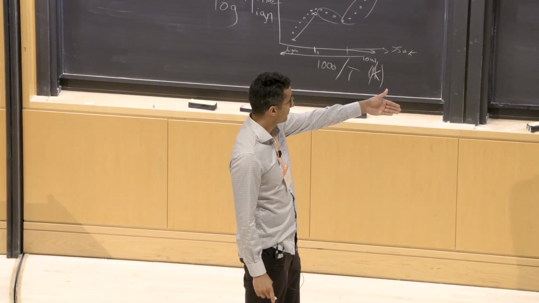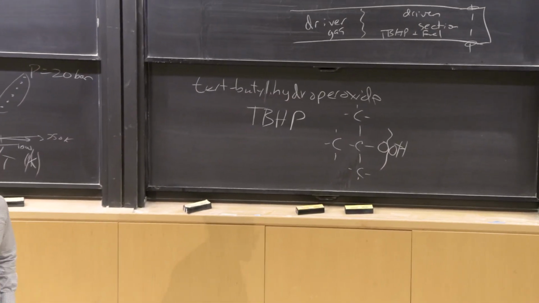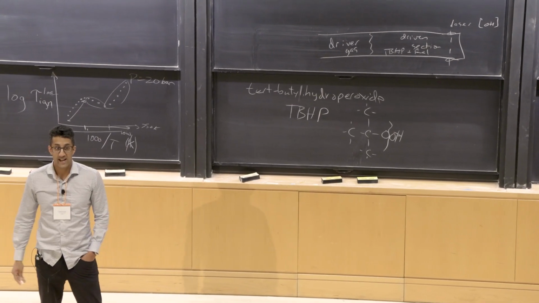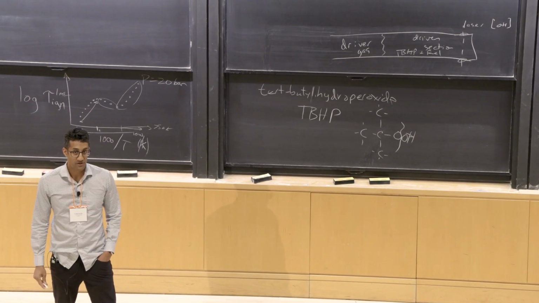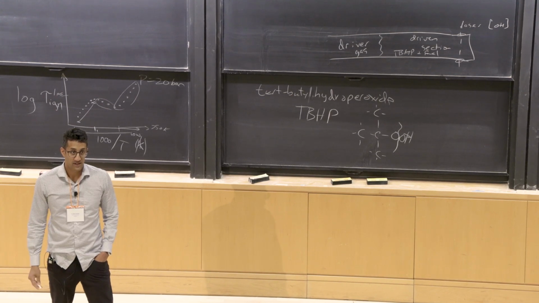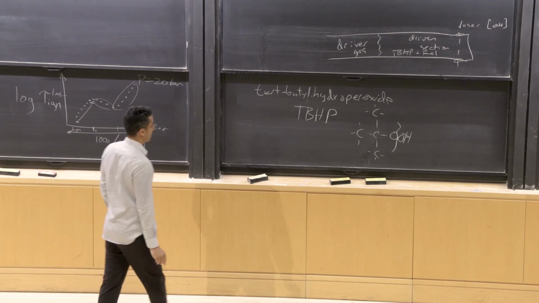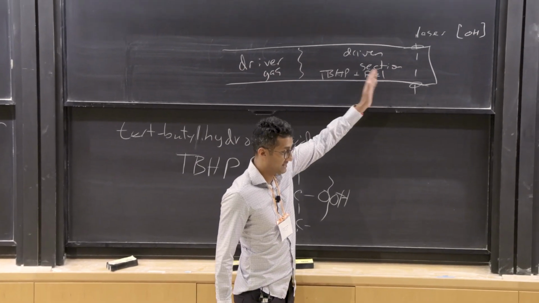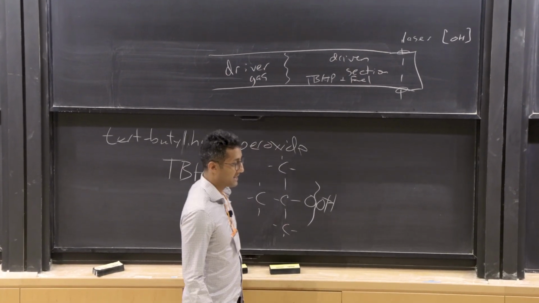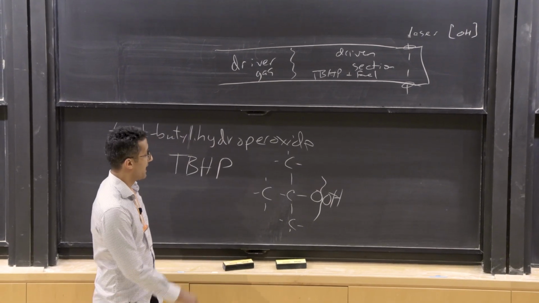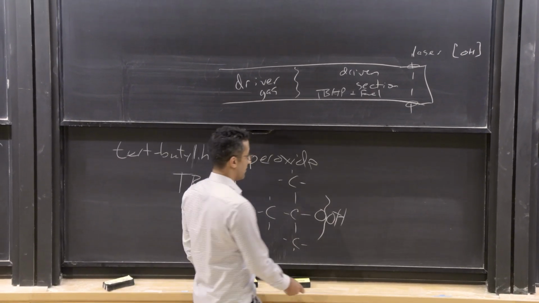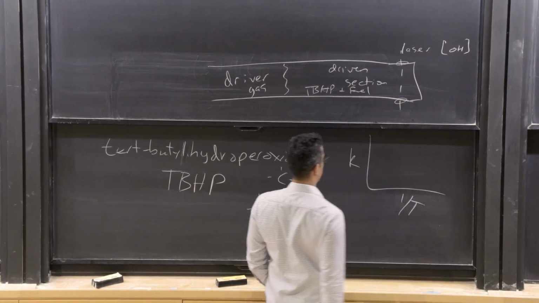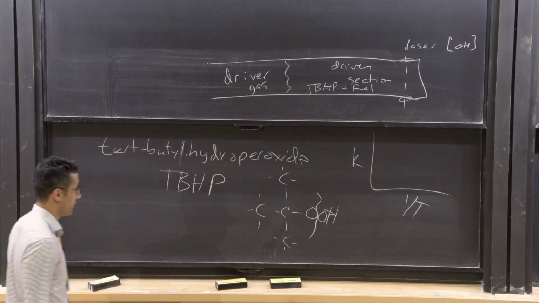Yeah, that bond breaks, and the OH starts reacting with the fuel and abstracting hydrogens, and they just track the decay of OH radical as a function of time, and they fit a rate constant to that at different temperatures. So depending on the driver gas, the shock speed, they can get different compressed gas temperatures, so to speak, and they can start to develop a plot of k versus 1 over T, and they fit the rate constants.